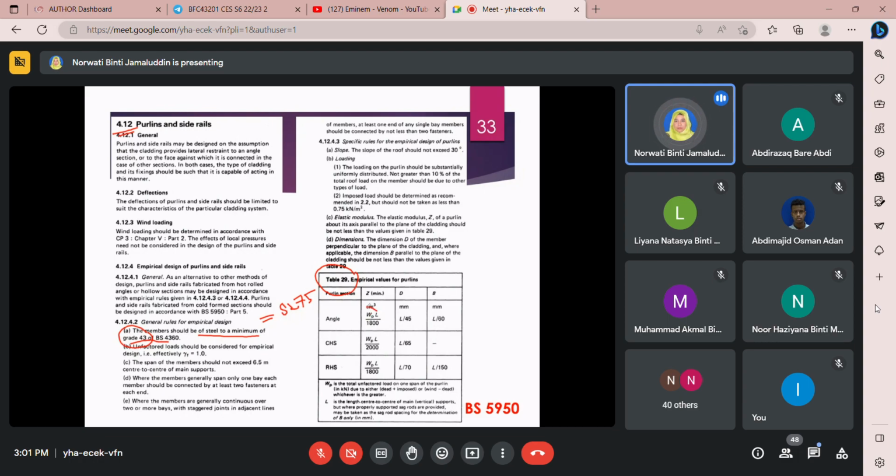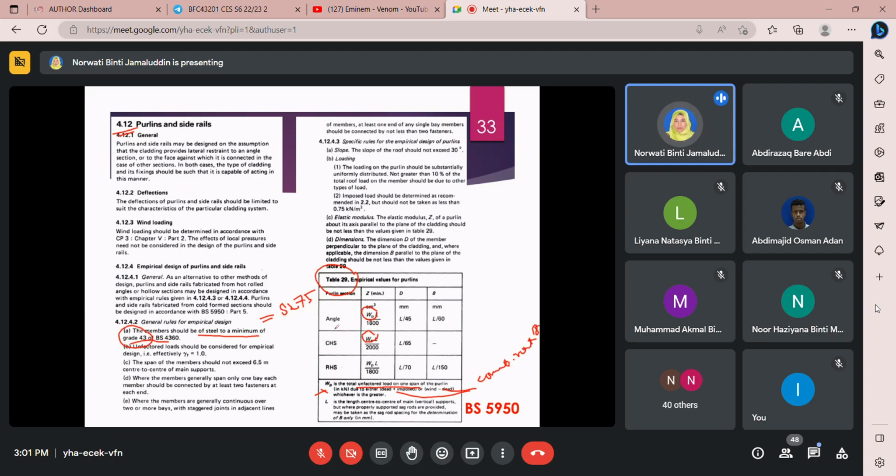To be considered for this parameter, WP. WP is total unfactored load on one span of the purlin in kilonewton due to either dead load plus imposed load or wind load plus dead load. This one means for combination load. It depends.